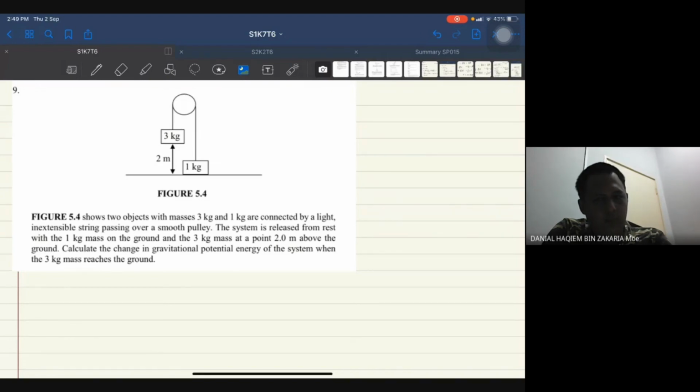Okay, this one, let's baca soalan dia tanya apa. So dia tak ada tanya pasal work, betul eh? So the question actually just asks to find the change in energy. Okay, interesting. So this one is most likely you have to use conservation of energy.